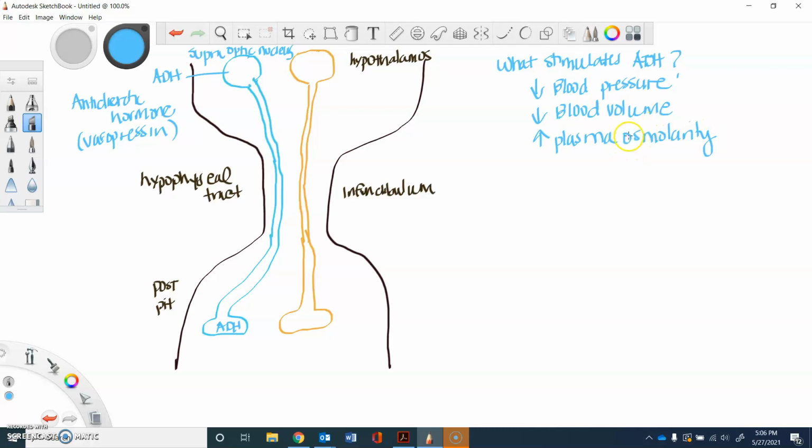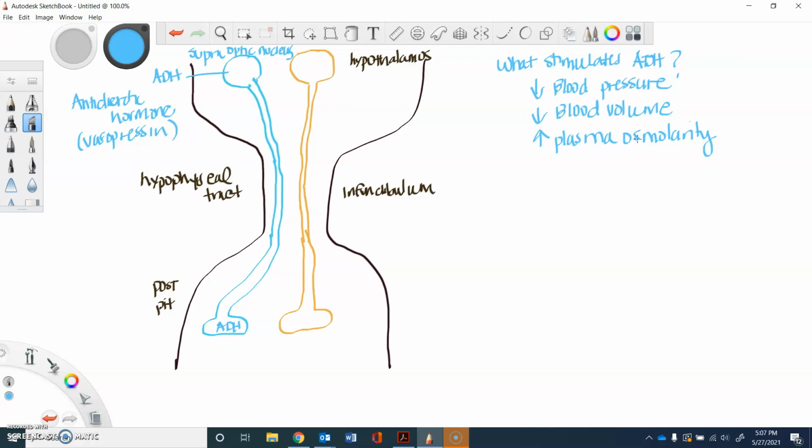So in the hypothalamus, there are receptors called osmoreceptors, and those respond to changes in plasma osmolarity. Osmolarity just means the amount of solutes that are in the plasma as compared to the fluid that's in the plasma. And the more solutes that are in there, that means the less fluid is in there.